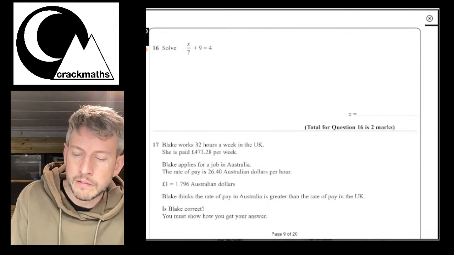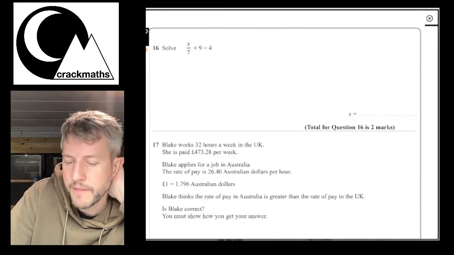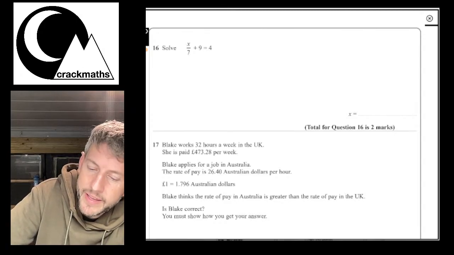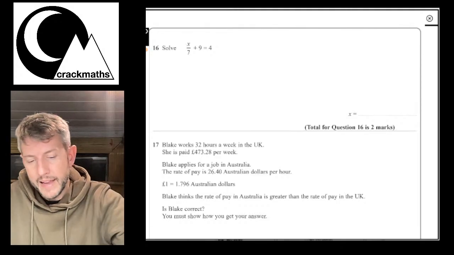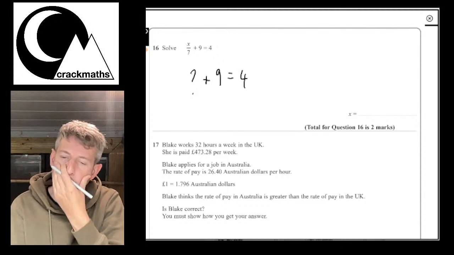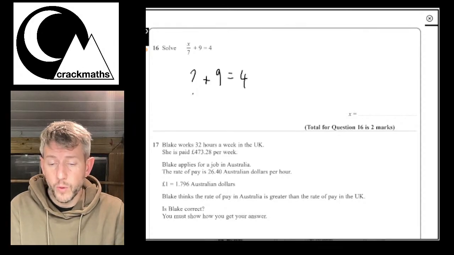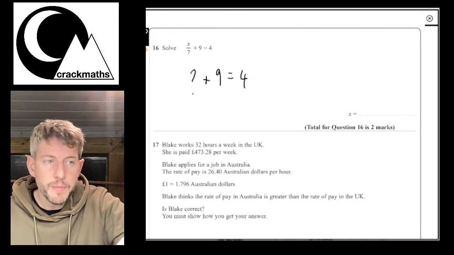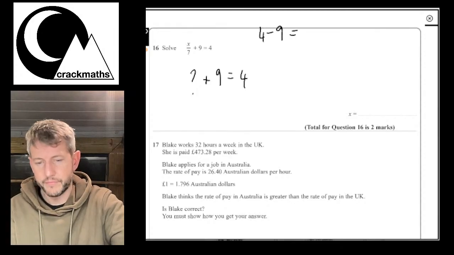Okay, great. Let's solve this question. It says something divided by 7, add 9 equals 4. First of all, let's think about this. Something add 9 equals 4. Remember, if two things add to make another number, then we just have to do that number take away the other one to get the remainder.